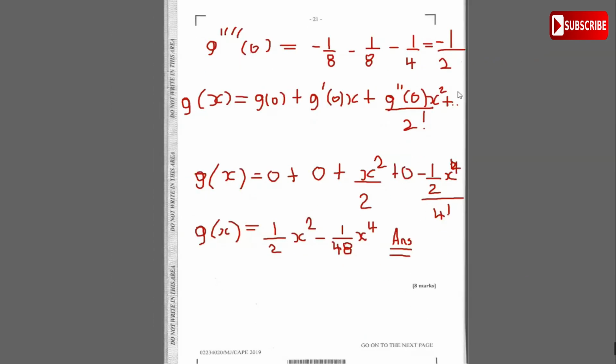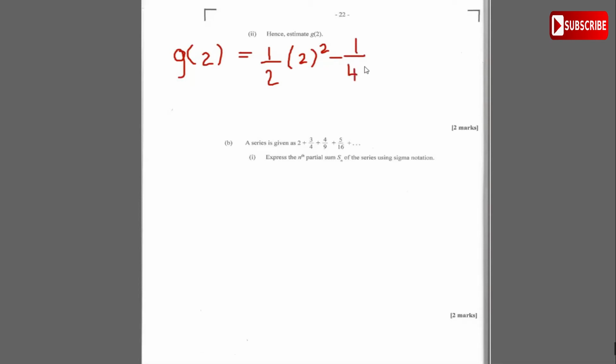All right. So that's our approximation of g of x: a half x squared minus 1 over 48 x to the 4. Hence, estimate g of 2. To estimate g of 2, we just put in x as 2. So g of 2 is going to be equal to a half 2 squared minus 1 over 48 times 2 to the 4th power.